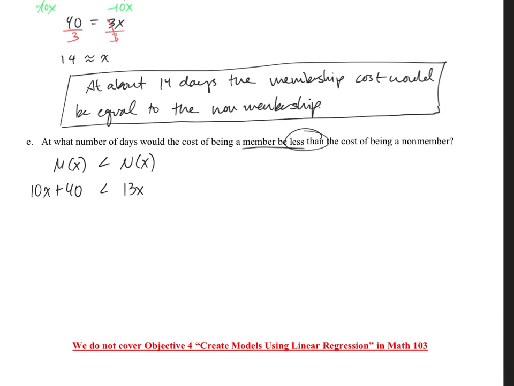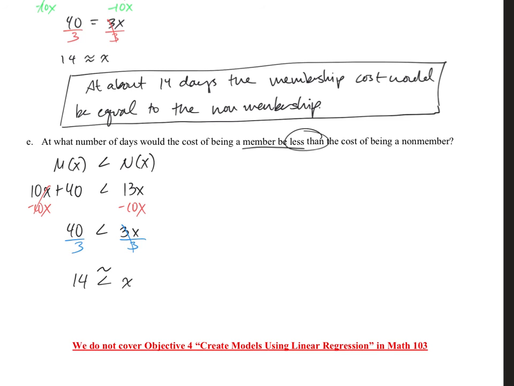Once again, we'll go ahead and solve. So minus the 10x, minus the 10x. And then we get 40 is less than 3x, divide both sides by 3. And we have, once again, approximately 14. So, to approximate this, I'll do that little wiggle symbol above it.